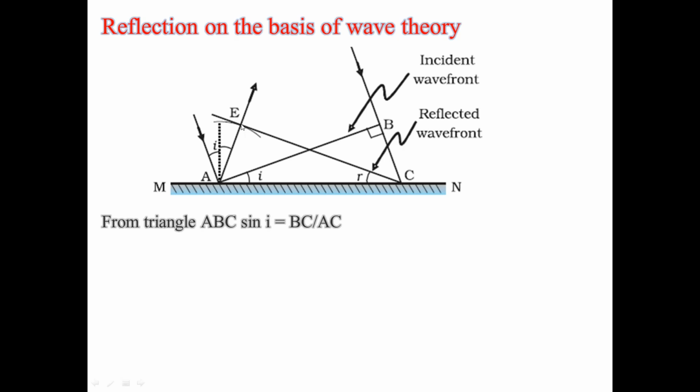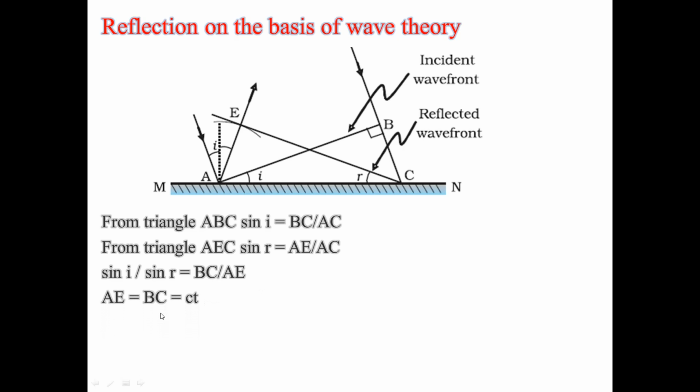The angle between the reflected wavefront CE and the surface is the angle of reflection r. So consider the right angled triangle AEC. Sin r is equal to AE by AC. So sin i by sin r is equal to BC by AE.